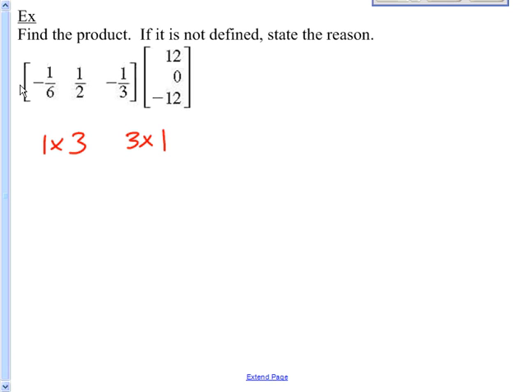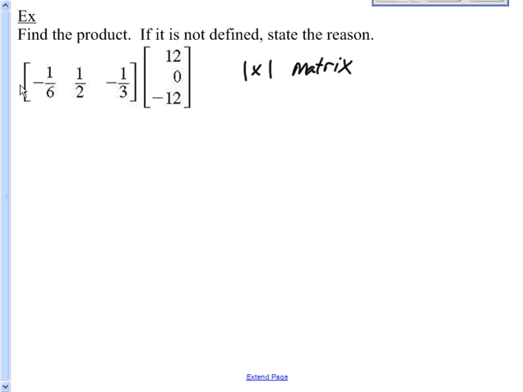Are the columns of the first and the rows of the second the same number? Yes, they are. They're both 3s. Perfect. So this is defined, and the dimensions will be the rows of the first by the columns of the second. So this will be a 1 by 1 matrix at the end. That's what we're expecting.